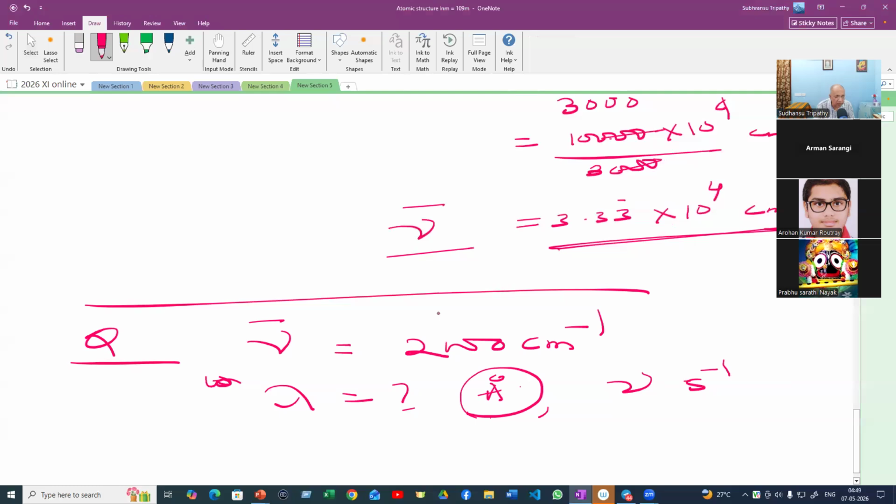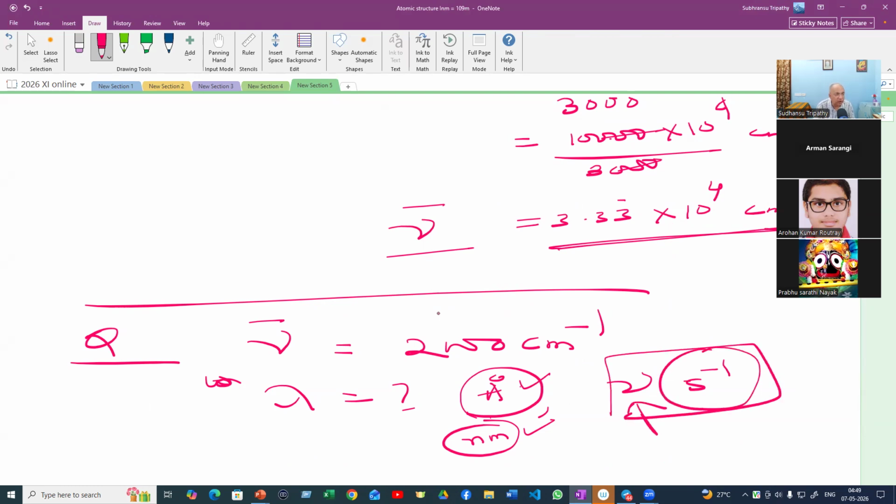This angstrom can be nanometer. There can be so many alternatives. Usually angstrom and nanometer you express in both. And frequency nu only has one unit, that is hertz, or in chemistry we use second inverse. Same. Cycles or waves per second is hertz.